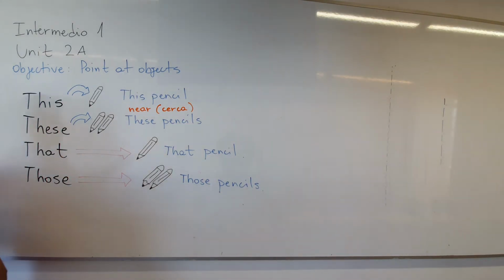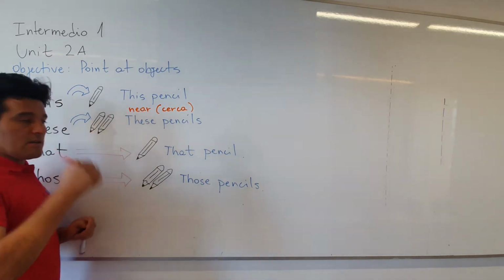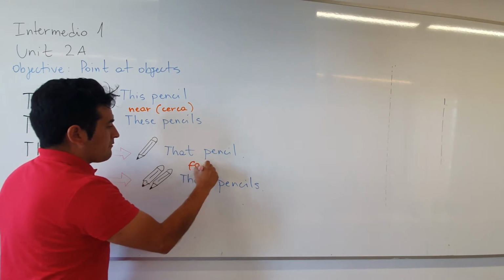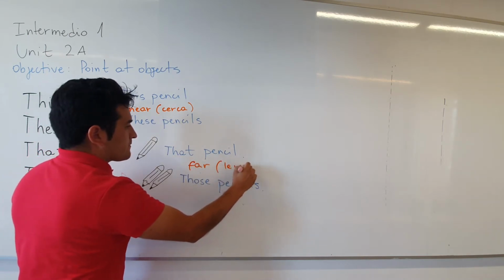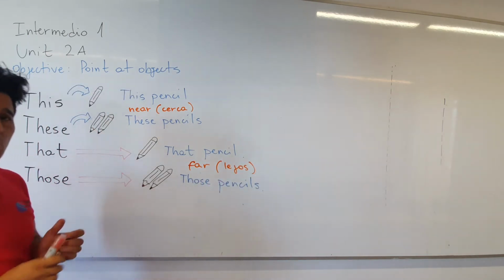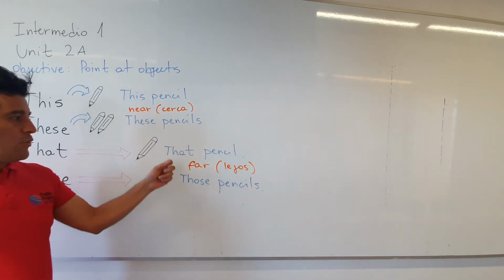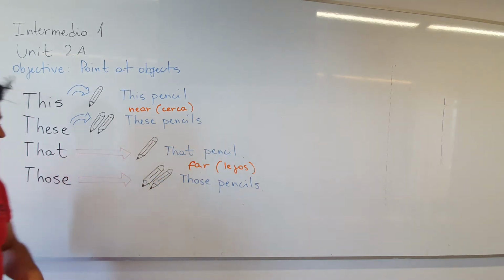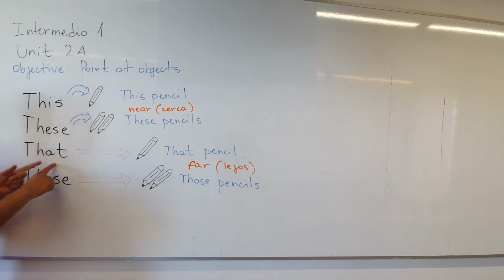Okay, let's go with the others. What can we see here in the difference? Like we can see that they are not near, they are far. For example, when we say esa casa, we say that house. Okay, let's check. Please repeat that.